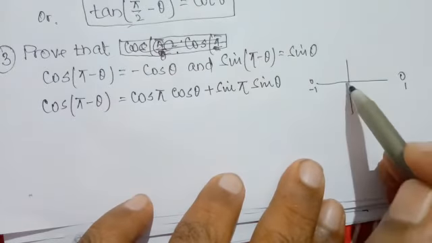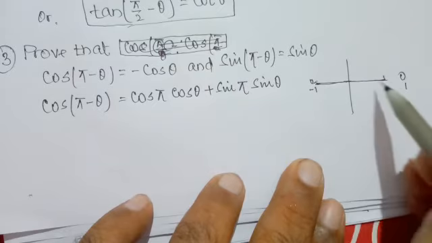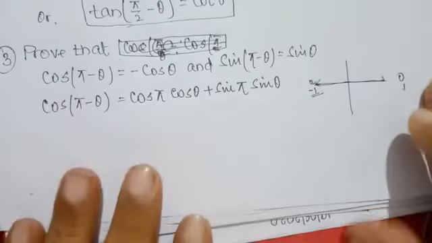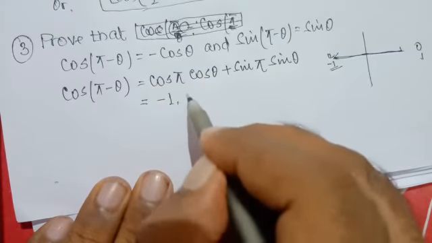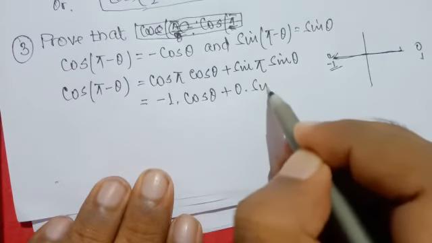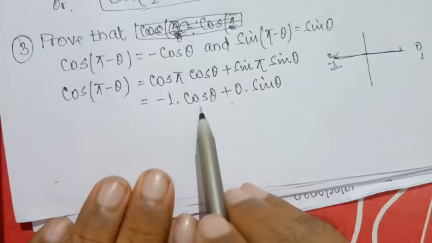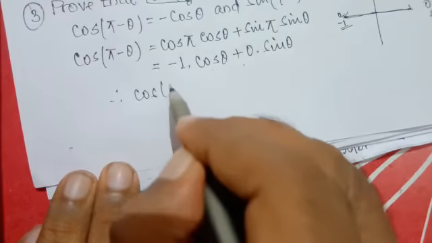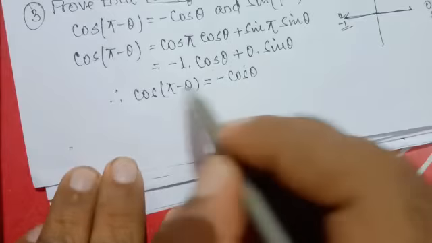So sin 0 degrees is 0, sin 180 degrees or pi is 0, cos 0 degrees is 1, cos 180 degrees is minus 1. So cos pi is minus 1 into cos theta, sin pi is 0 into sin theta. 0 multiplied by sin theta becomes 0 and this becomes minus 1. So therefore cos pi minus theta is equal to minus cos theta. This is your result.